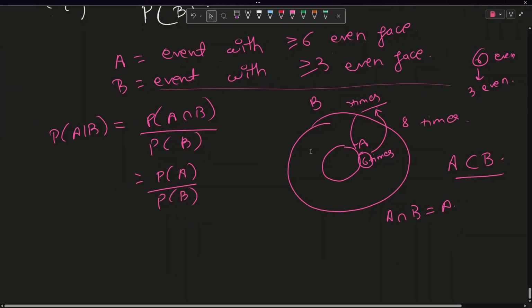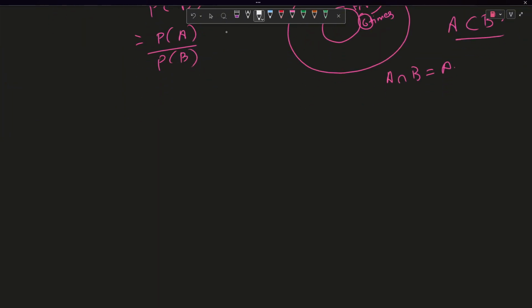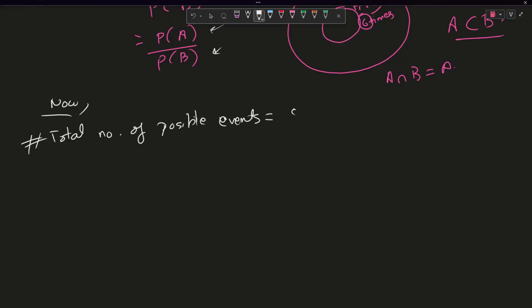Okay, so now let's calculate each of these probabilities individually. First, the total number of possible events is 2 to the power 8, because every time it is either even or odd.